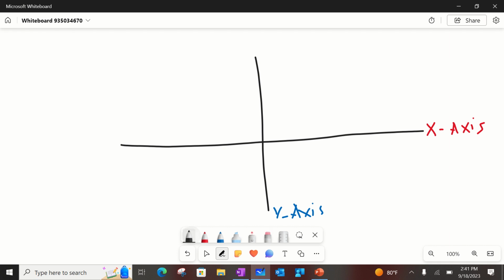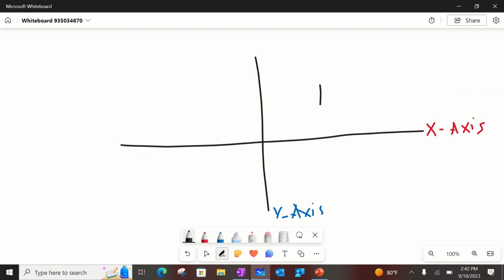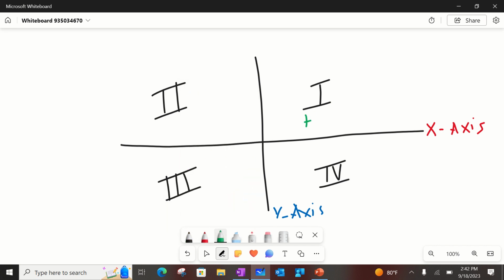So, quadrants are set up as follows. We go counterclockwise. Quadrant 1, quadrant 2, quadrant 3, and quadrant 4. Quadrant 1 is going to be positive, positive. Quadrant 2 will be negative, positive.